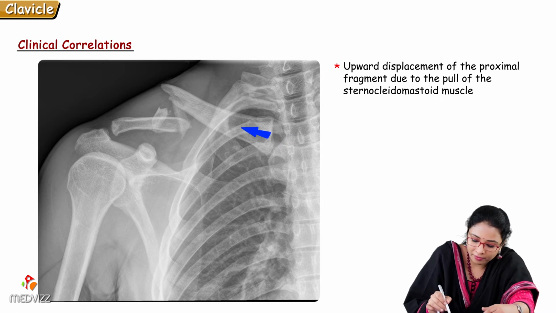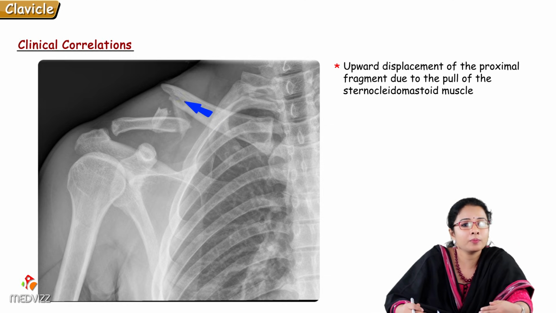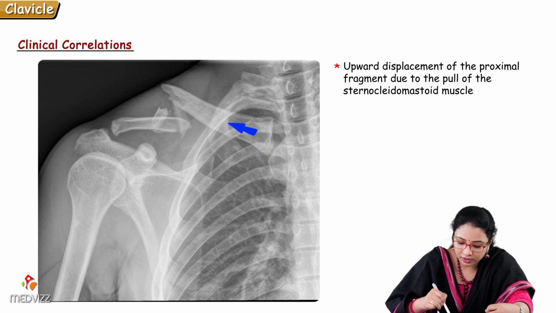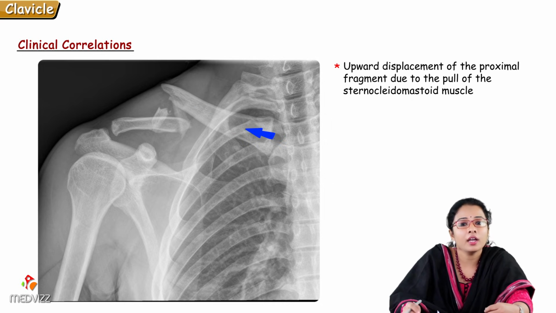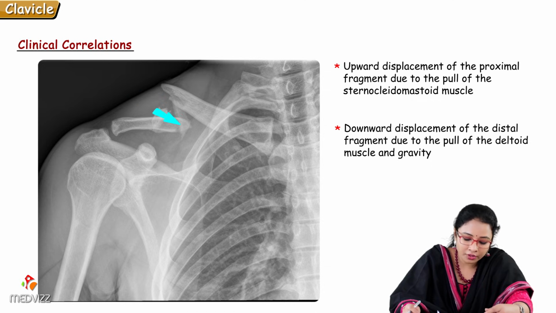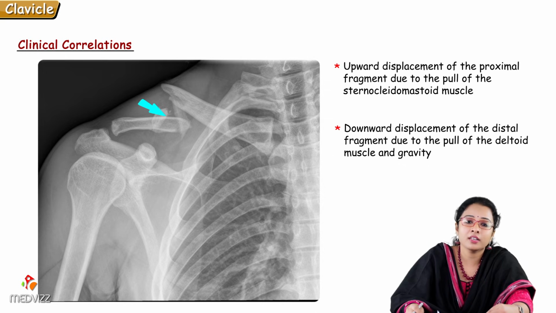The proximal fragment will be the medial side, so it will be displaced usually upwards because of the pull of the sternocleidomastoid muscle which is attached from above. And downward displacement of the distal fragment is due to the pull of the deltoid muscle and gravity, because laterally we know the anterior fibers of deltoid are attached. So this completes the osteology of clavicle.